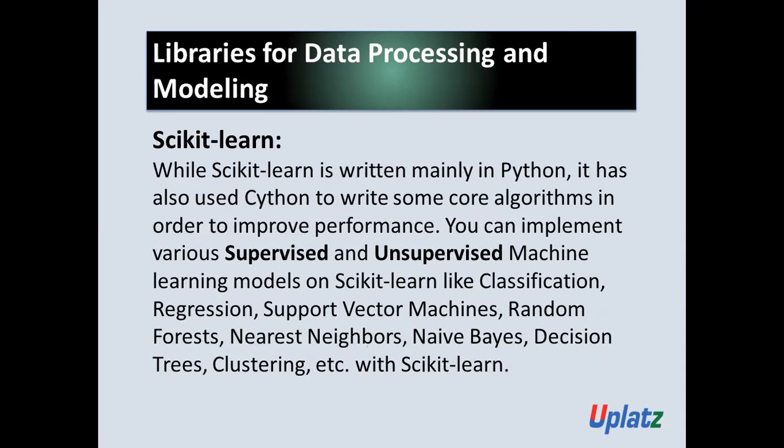But generally, under supervised learning, we have regression and classification. So supervised machine learning falls into two types of algorithm, regression and classification. Under regression, we have various types such as linear regression, multiple regression, polynomial regression.